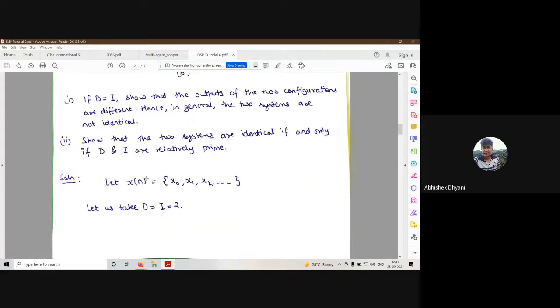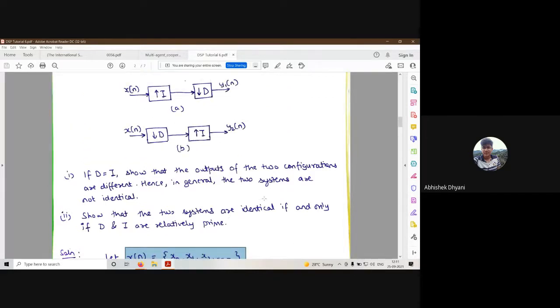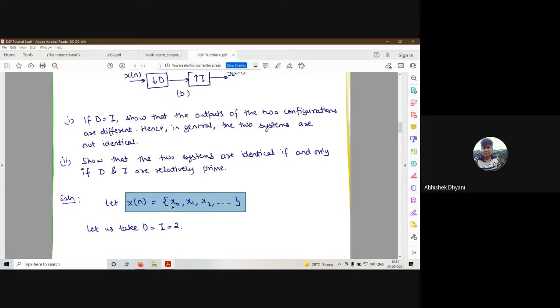Let's say this is the signal x[n], which is the input sequence. So x[n] is made out of the sequence x0, x1, up till x[n]. When we take D equal to I equal to 2, recall that when we pass a signal through a decimator, it will only take the values corresponding to its value.